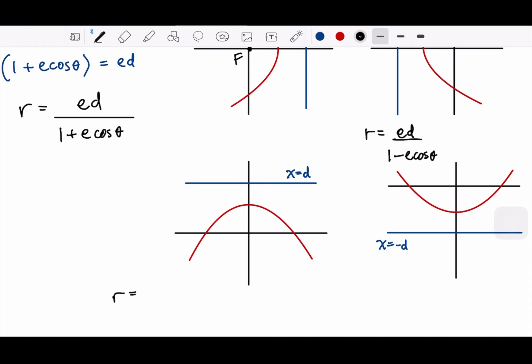Now this will be ed over 1 plus e sine theta, and r equals ed over 1 minus e sine theta.